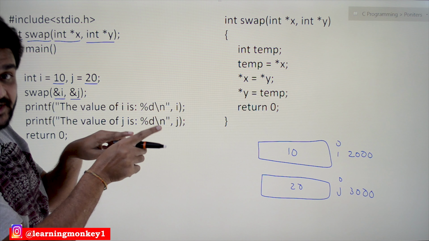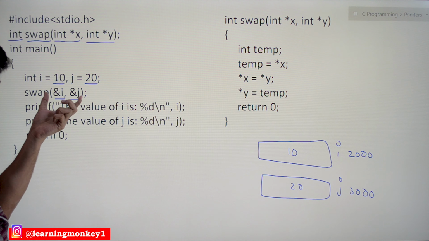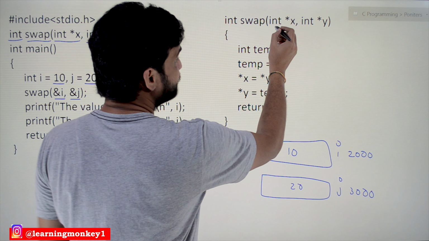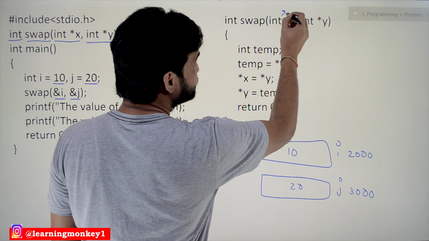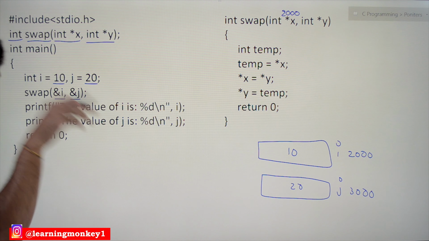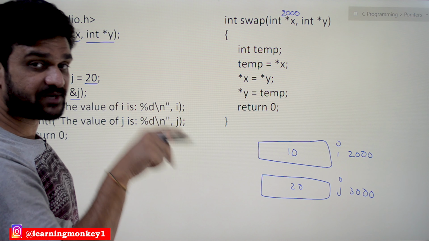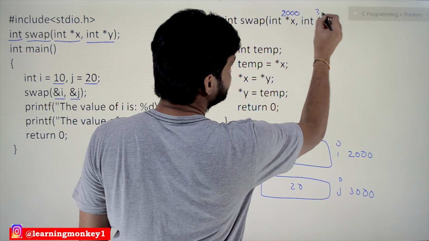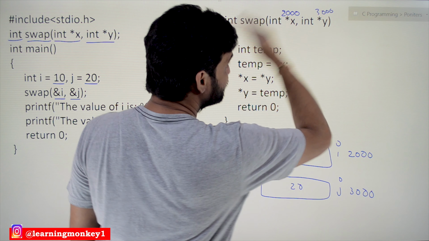Pass by reference: we are passing the reference, and reference means addresses. So what values will be passed here? The value of x is equal to 2000. This is the address operator. I am repeating this point again and again for better understanding. So 2000 will be passed and 3000 will be passed as the reference.